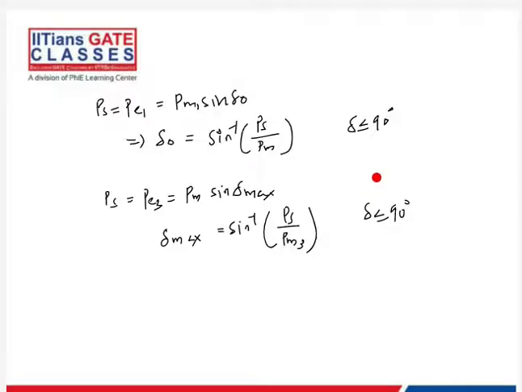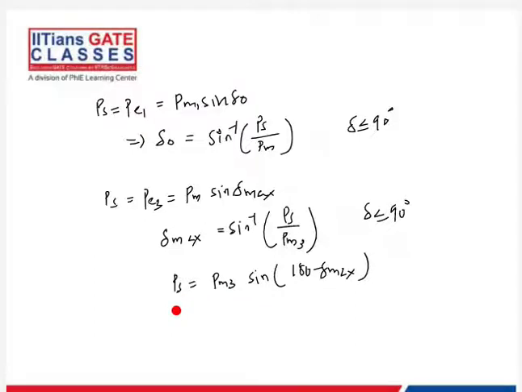It also can happen that delta max can go beyond 90 degrees. So there is a possibility that when you're taking sine inverse, it can go beyond 90 degrees. If it goes beyond 90 degrees, it is basically PS is equal to EM3 into sine of 180 minus delta max, right?